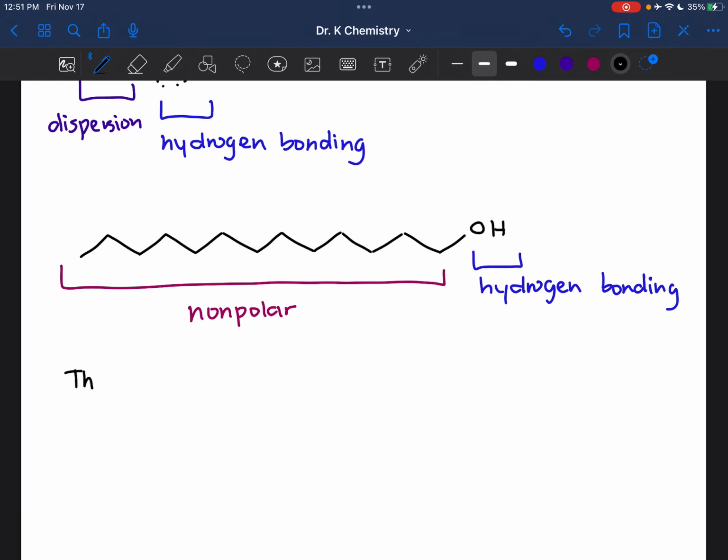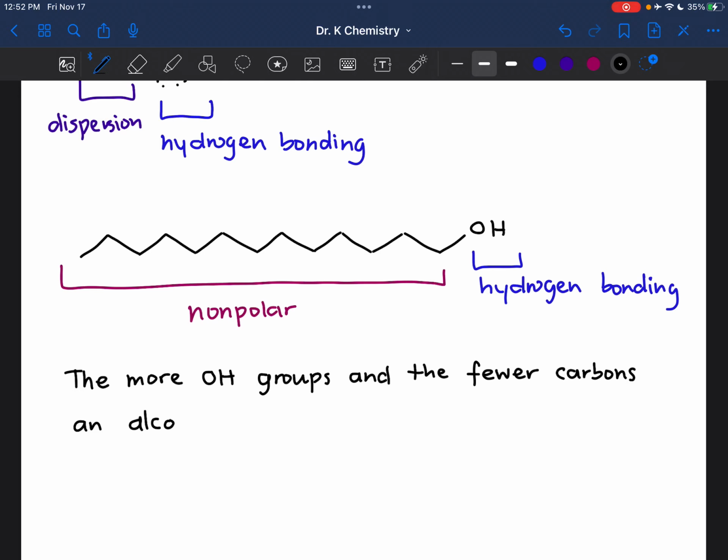And effectively what this means is the more OH groups and the fewer carbons that an alcohol has, the more soluble it is in water.